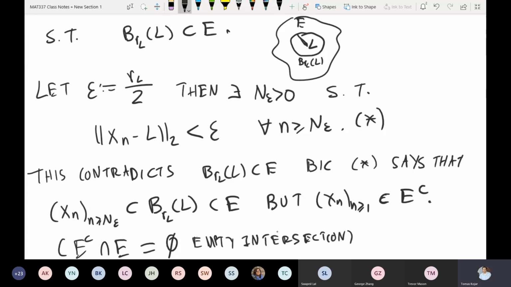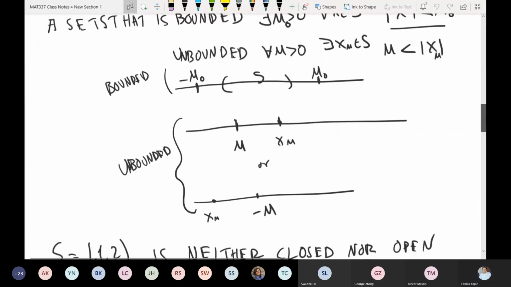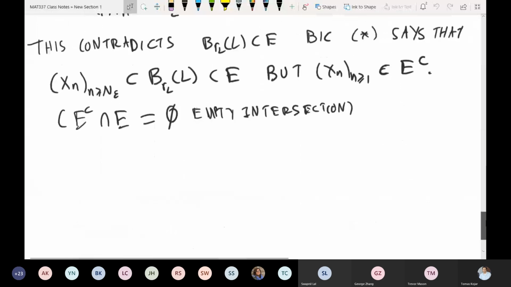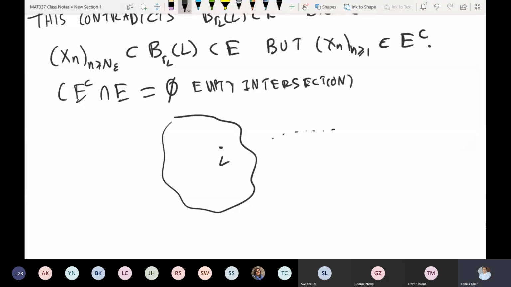So let me draw a picture. The picture is this is L, and this is x1, x2, x3, xn epsilon, xn epsilon plus 1.